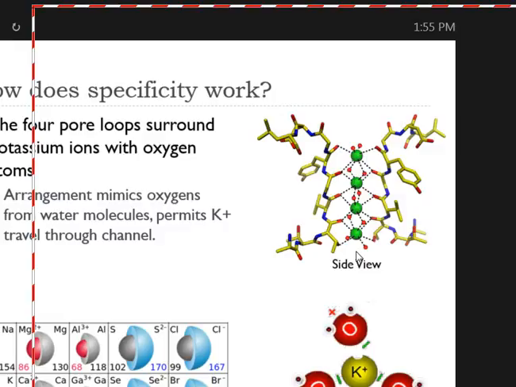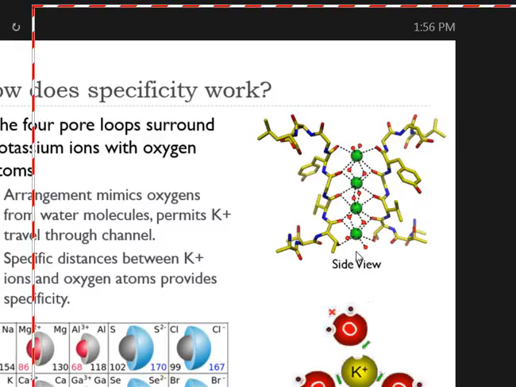potassium is surrounded by water molecules as it's suspended in solution, as it's dissolved in solution. So these amino acids substitute for those water molecules right along the interior, and they're exactly spaced such that they are perfectly the right size and dimensions for potassium to fit through. Whereas sodium ions, while they're a little bit smaller, you'd think they'd be able to go right through, they tend to bring water molecules with them, and that water-sodium complex can't fit through the exact spacing that's set in here.